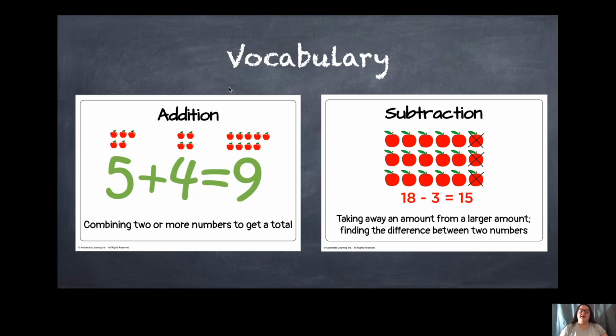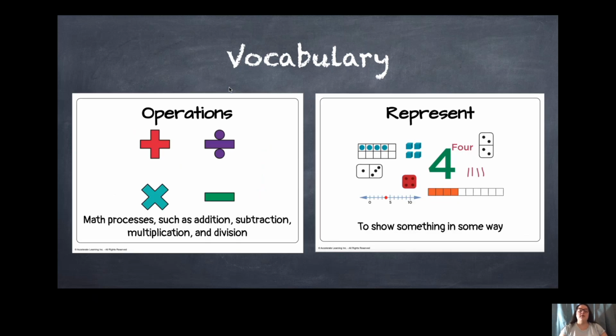Our vocabulary: addition, combining 2 or more numbers to get a total. Subtraction, taking away an amount from a larger amount, finding the difference between 2 numbers. Operations, math processes such as addition, subtraction, multiplication, and division.